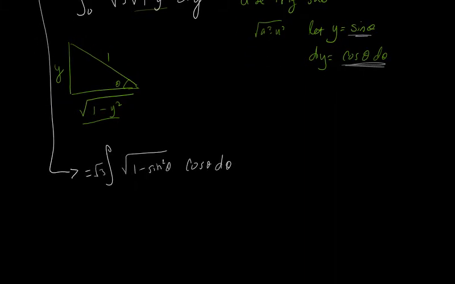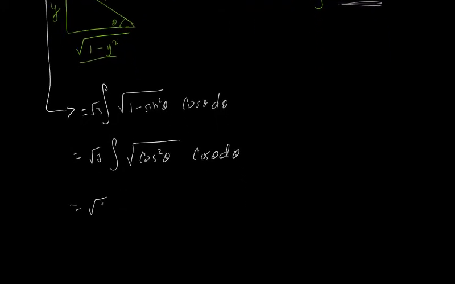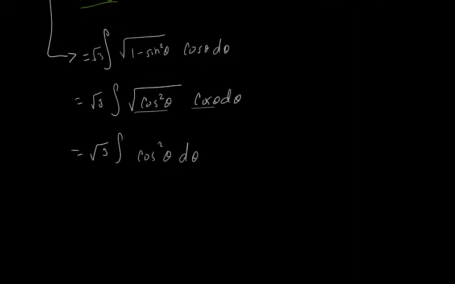So this is going to be the square root of cosine squared of theta times cosine of theta d theta. So that's square root of 3 times the integral of square root of cosine squared theta, which is just cosine theta. Cosine theta times cosine theta is cosine squared of theta, d theta. We want to use our trig identity.